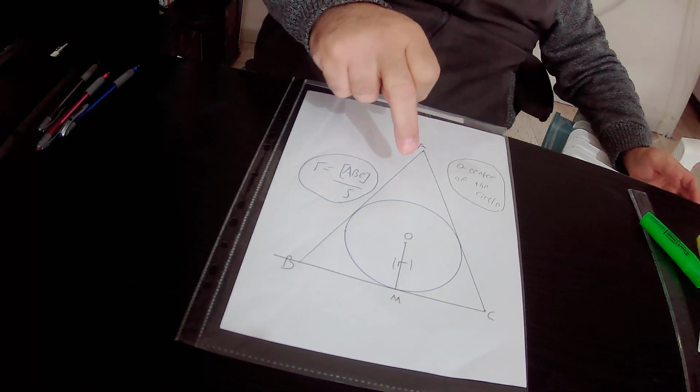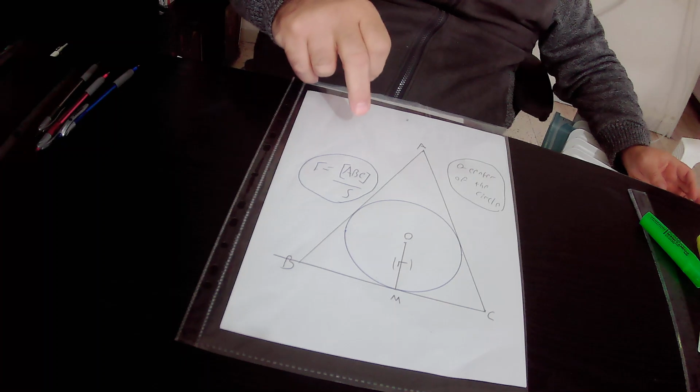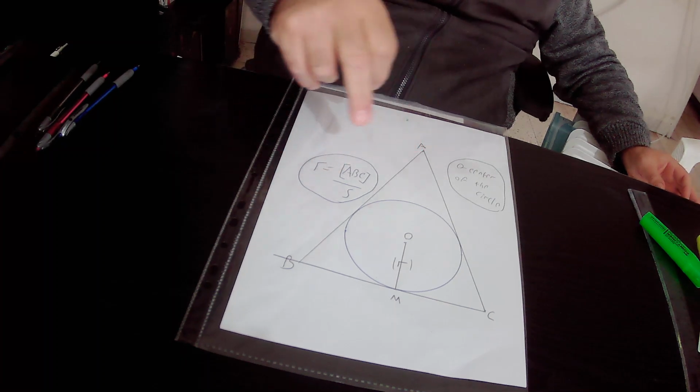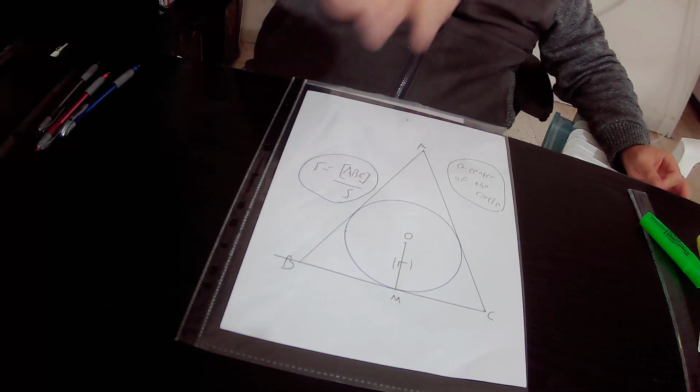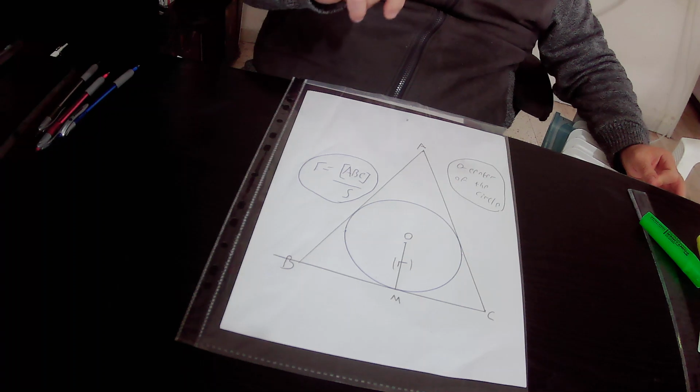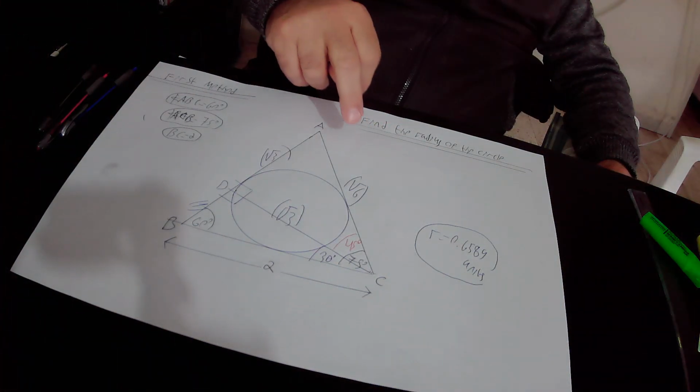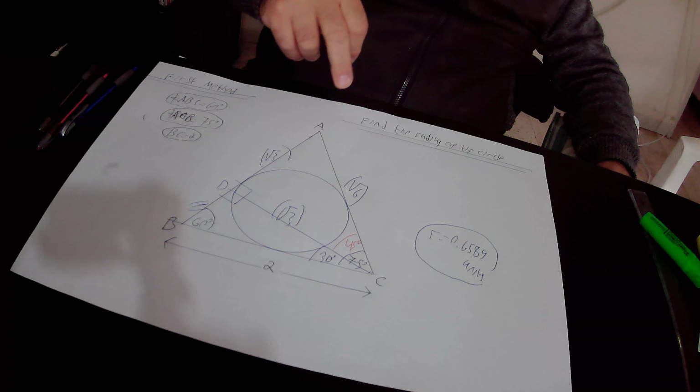So the radius of this circle, R, equals the area of triangle ABC that blocks the circle over the semi-perimeter of the same triangle ABC. We can implement rule number 15 in our drawing. Why? Because in our drawing we have a circle that is described by triangle ABC.